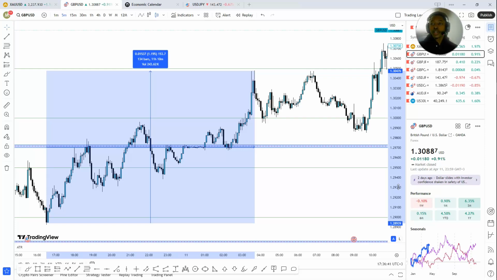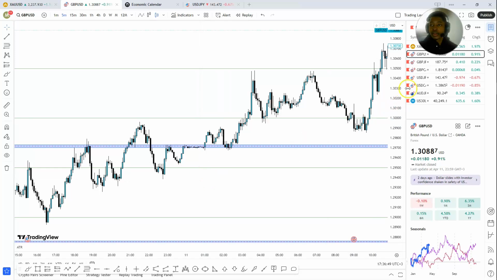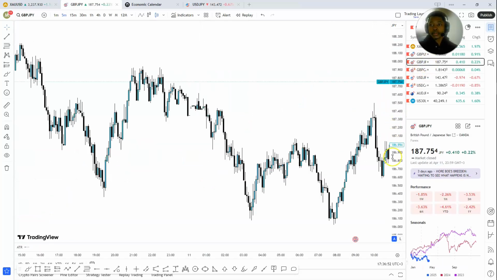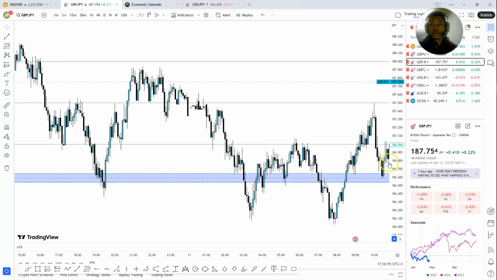On pairs like GBP JPY, USD JPY, AUD JPY, it's different. I'll just take you there. GBP JPY. How are we counting our pips? We are counting them from here, 1, 2, 3, 4.